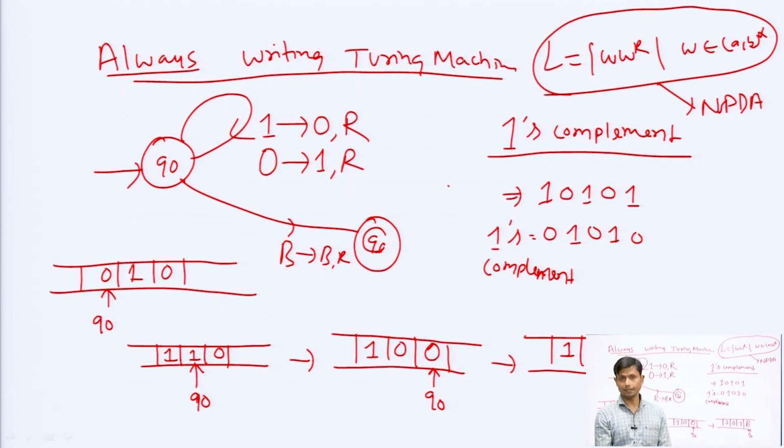For some languages, we must go for the non-deterministic pushdown automata; we cannot have a deterministic pushdown automaton at all. Like this example, L = W W^R, we must follow the non-deterministic pushdown automata. Similarly, we have deterministic Turing machine and non-deterministic Turing machine, and these are equivalent. If a language is given, we can have a deterministic Turing machine, and we can have a non-deterministic Turing machine. These two are equivalent.